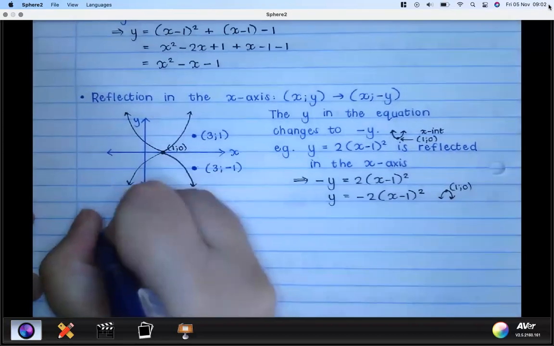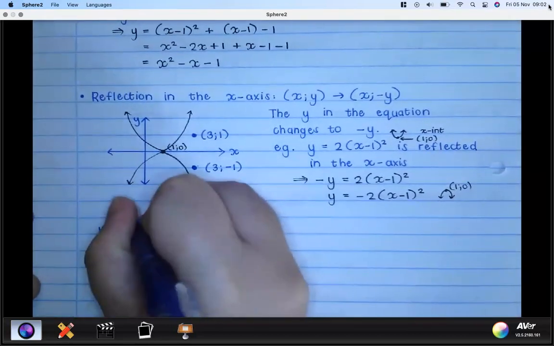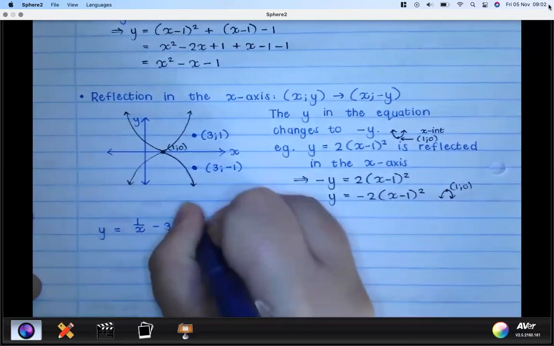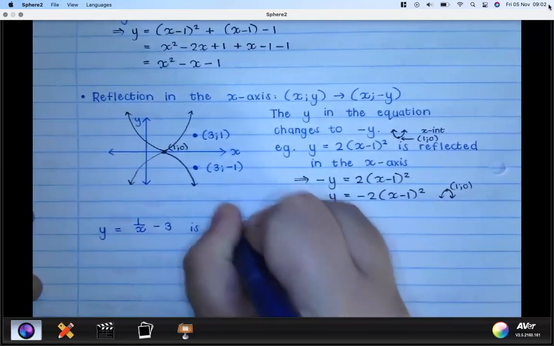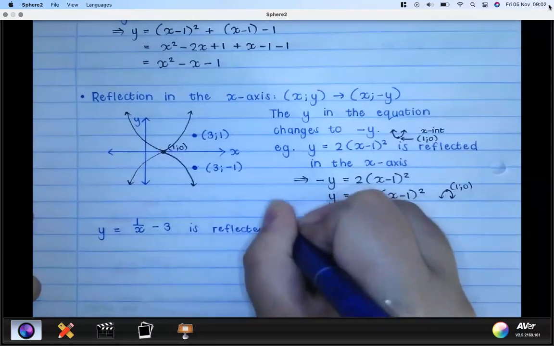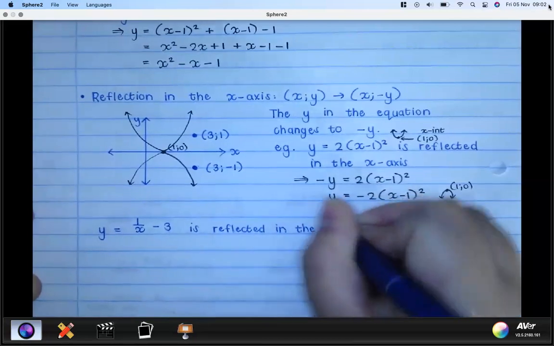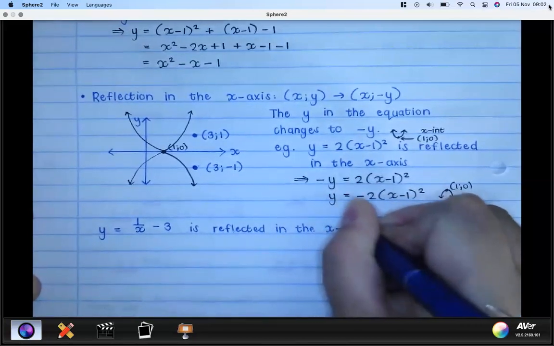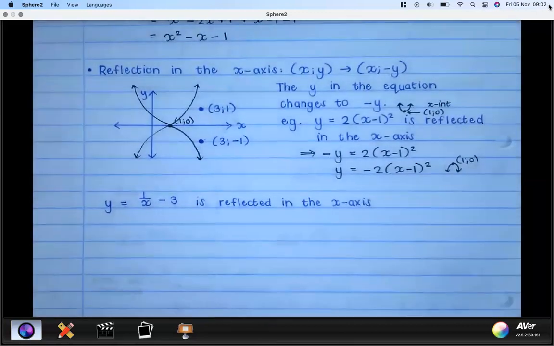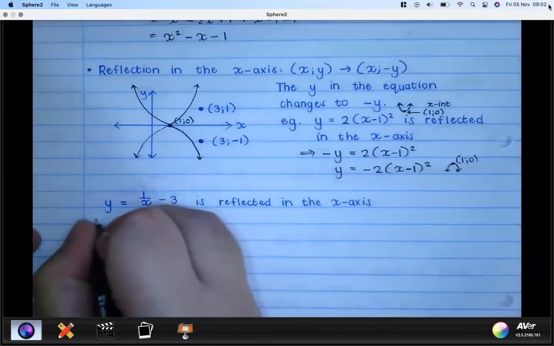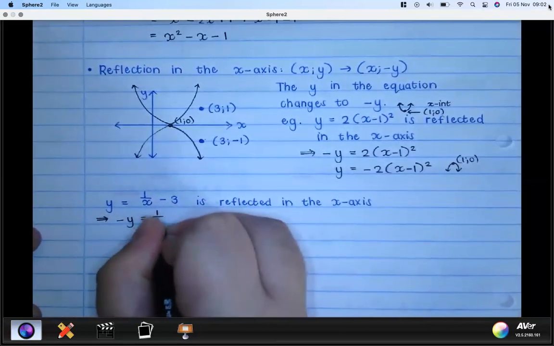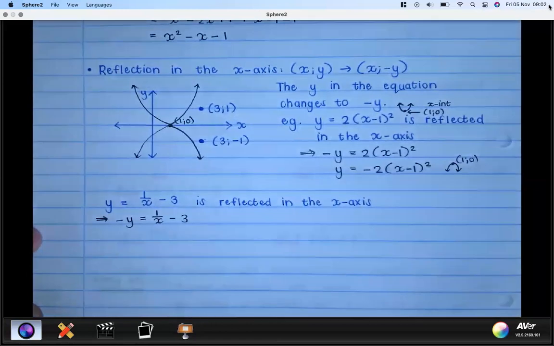So if you had, for example, y equals 1 over x minus 3, and that graph is now reflected in the x-axis, y changes its sign, so this becomes negative y equal to 1 over x minus 3.